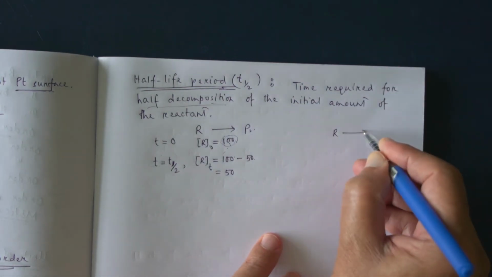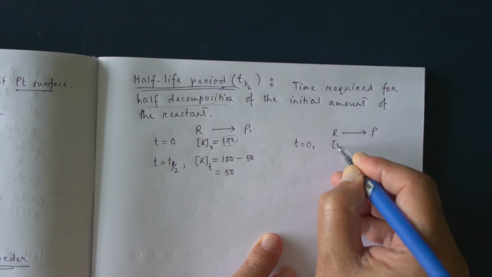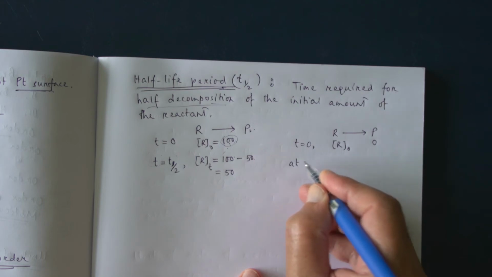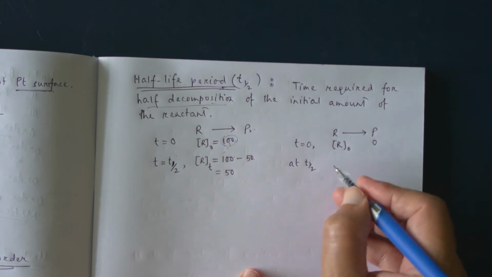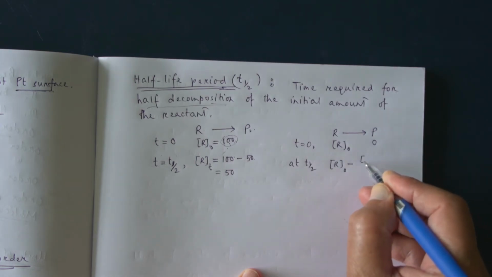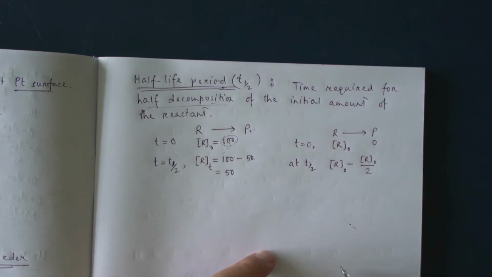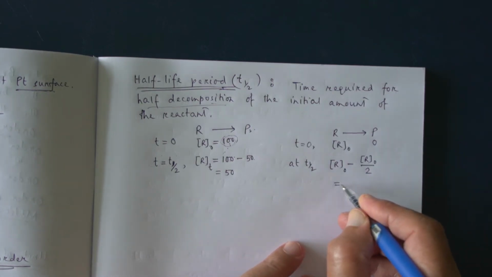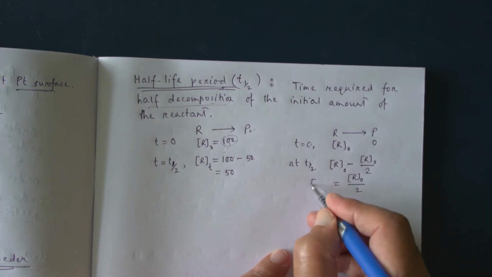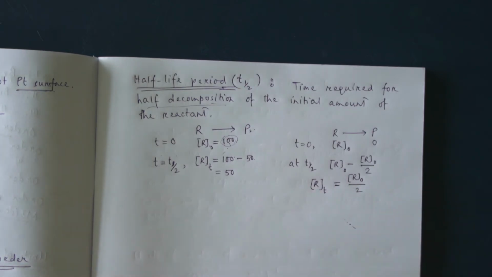So let me write it like this. Say initially we have this, and at t half, half of this must be converted. So how much will remain? R naught by 2, and R t will be equal to R naught by 2.